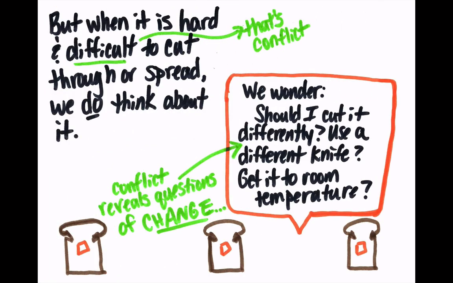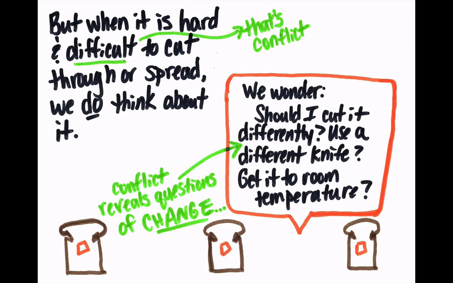If you're trying to butter a piece of toast and you can't even cut the butter because it's difficult to cut through or to spread, then we actually do start thinking about things, right? We start asking questions and we wonder, should I cut it differently? Should I use a different knife? Maybe I should get it to room temperature. And so this is where we see that pausing of conflict that forces us to ask questions.